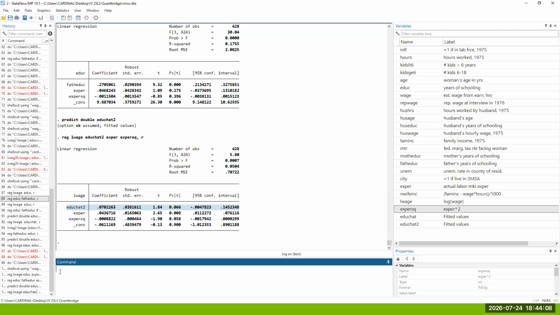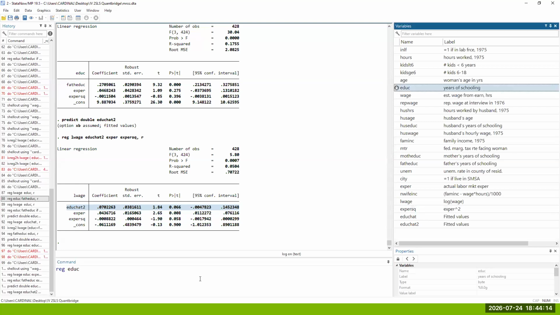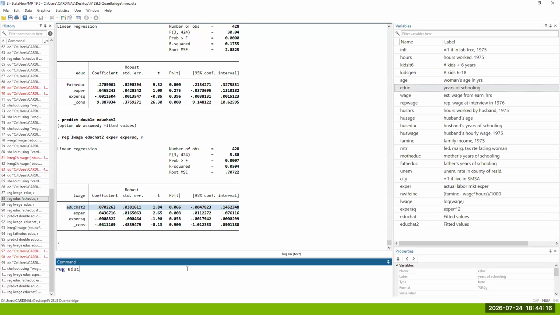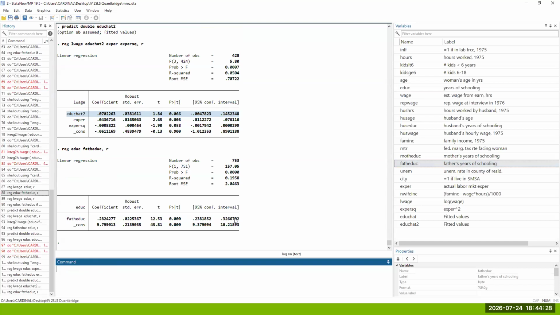So in this case where we have reg, the child's education, which is here, or the person's education, and then the father's education, which is here, you want them to be significantly correlated. So this one tells you that the more a father is educated, the more the child also gets educated.